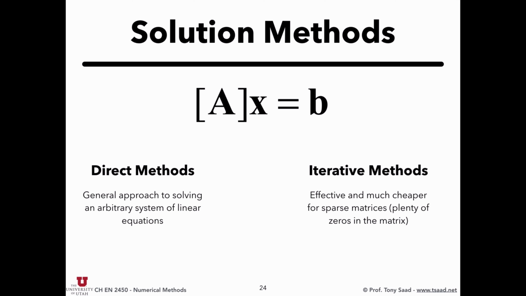But sparse matrices are essentially plenty of zeros in the matrix. So pretty much the matrix is nearly empty except for a few diagonals and few terms scattered here and there. Iterative methods are much more effective and faster because they allow us to directly deal with the solution without having to store the matrix, etc.